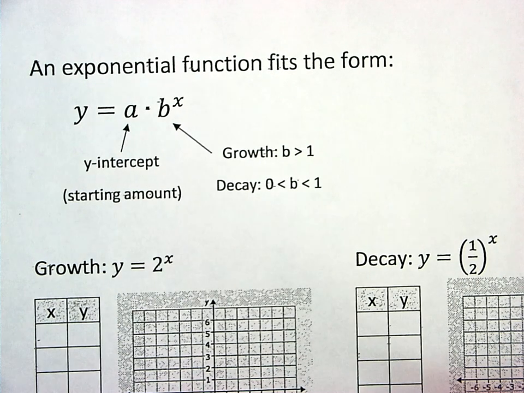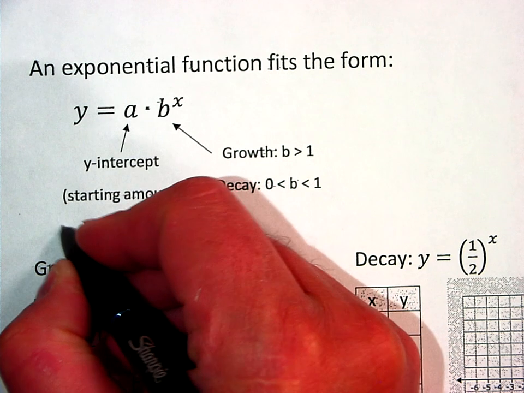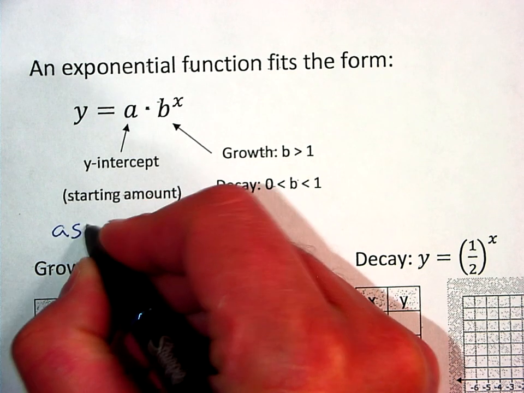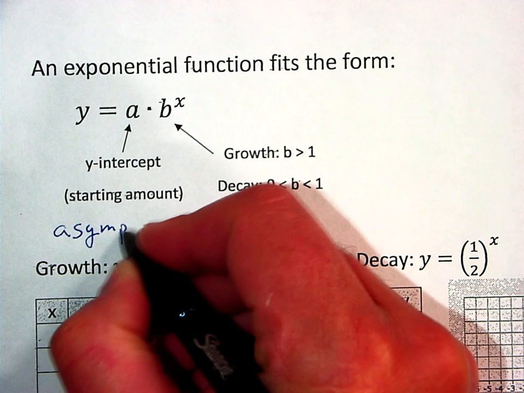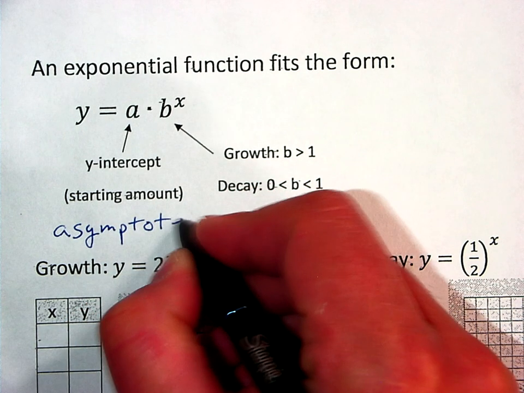All right, here we go. We need to write a new word. It's called an asymptote. A-S-Y-M-P-T-O-T-E.